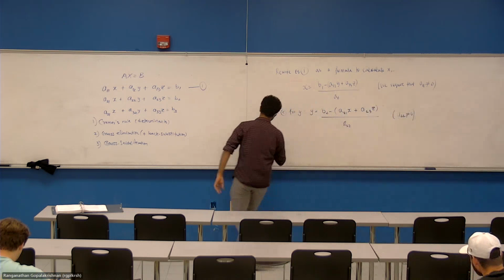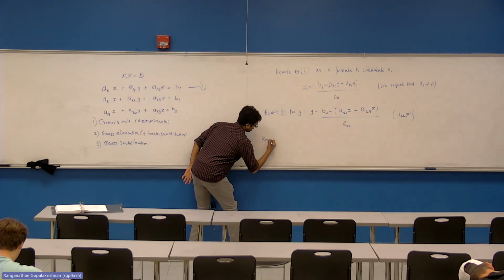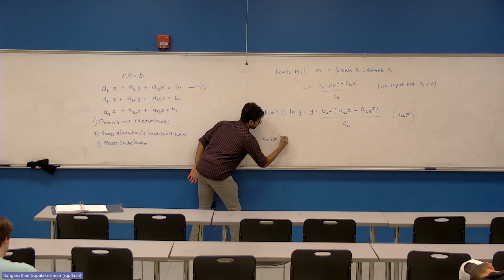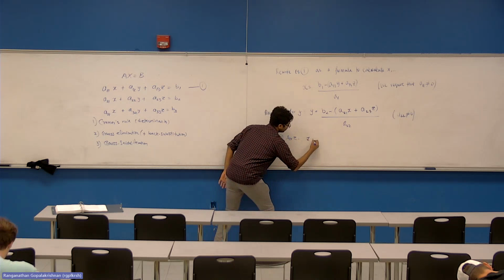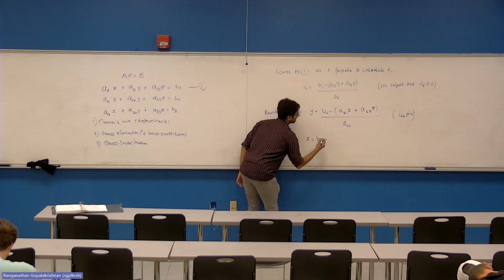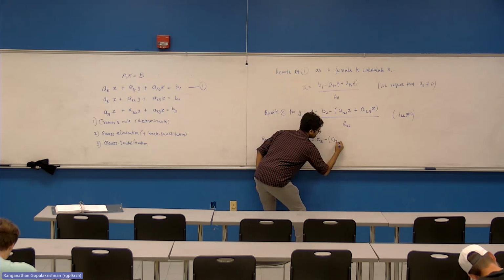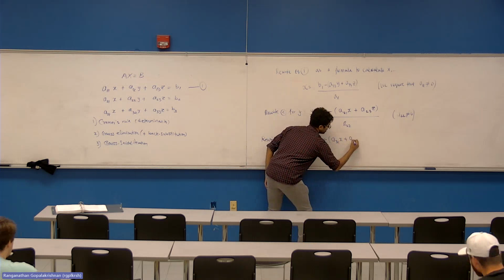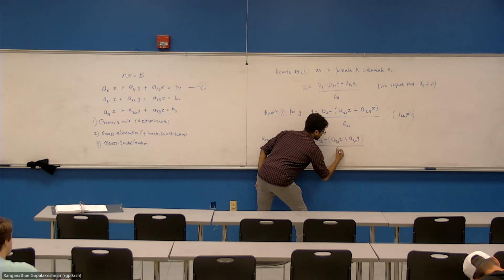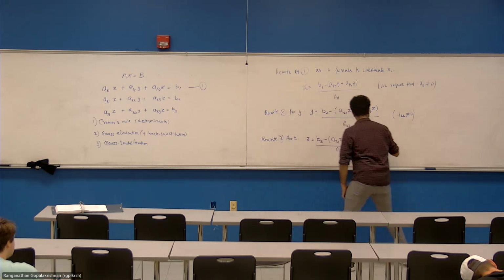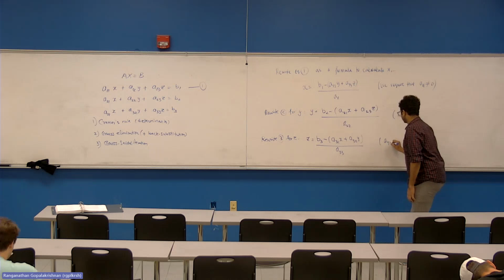Lastly, rewrite equation 3 for z as z equals b3 minus a31x minus a32y divided by a33, assuming a33 is not 0.